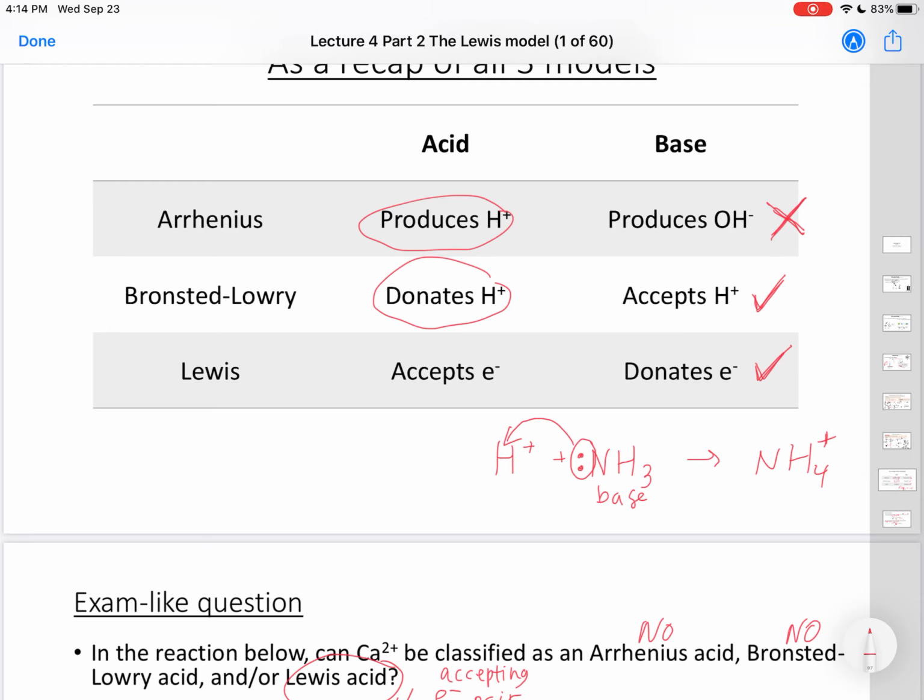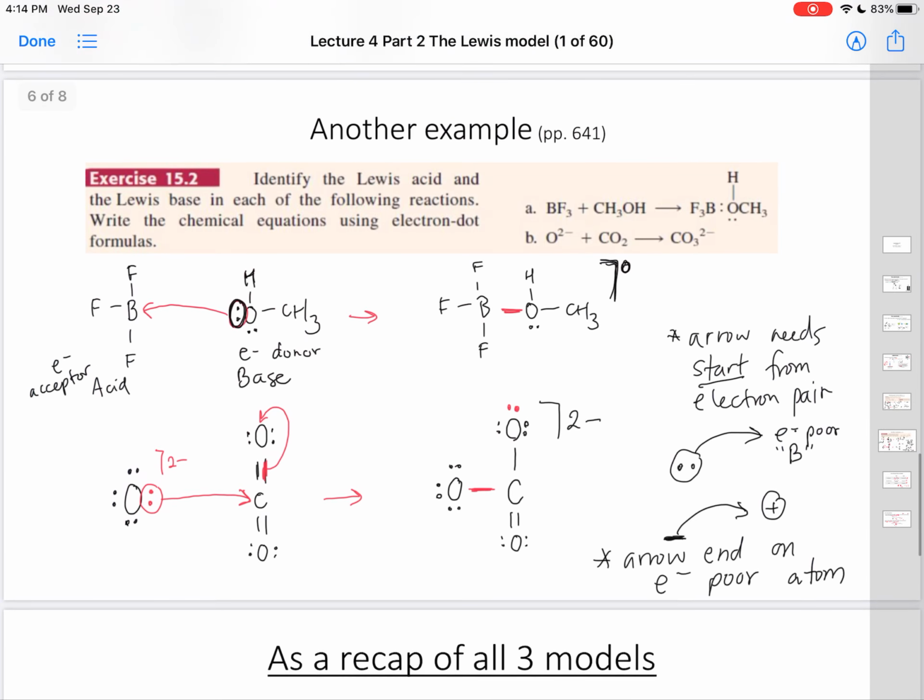So again, I would review some of these questions and make sure you understand how to qualify if it's an acid or a base under each one of these models, in terms of understanding the differences and similarities between these three models, okay? So this ends this video, and again, the thought here is you would understand what the Lewis model is.